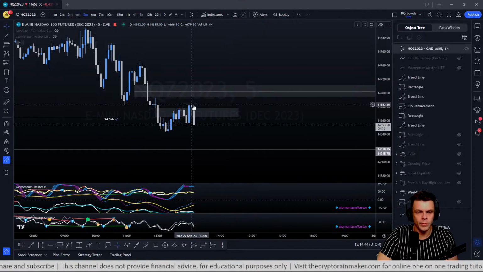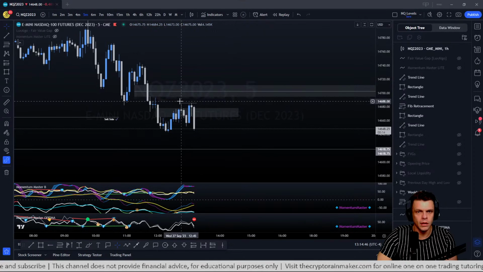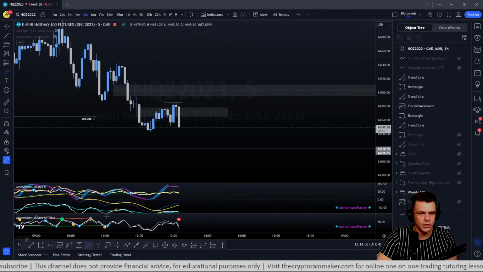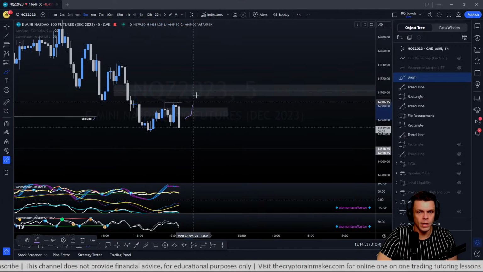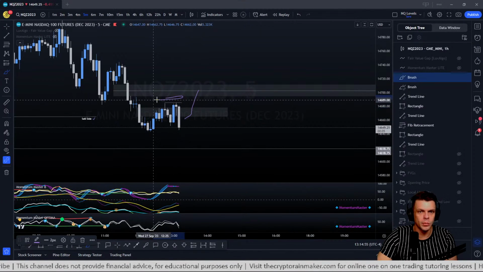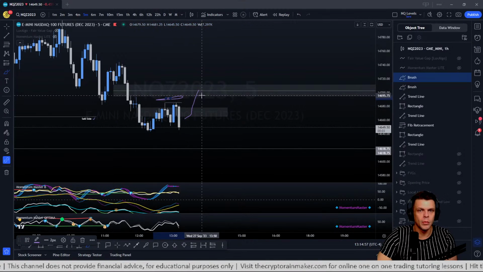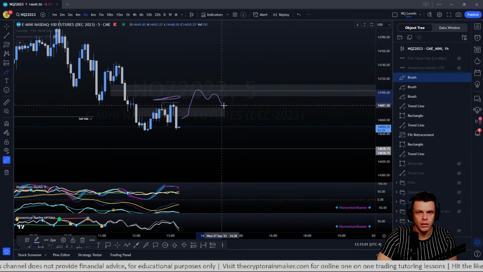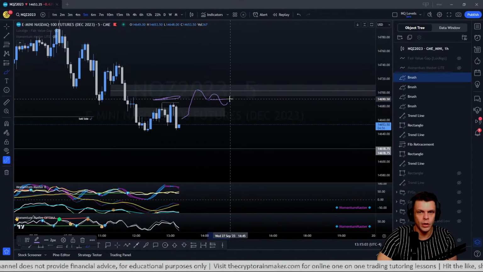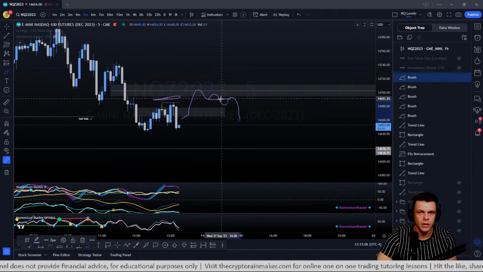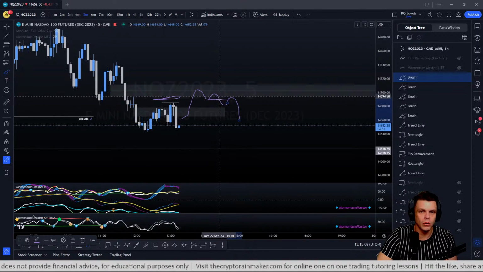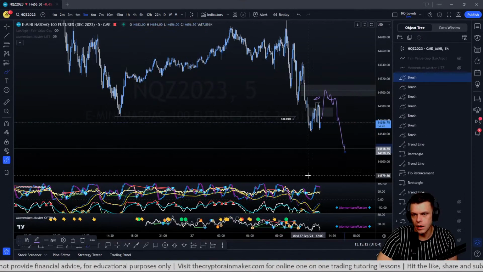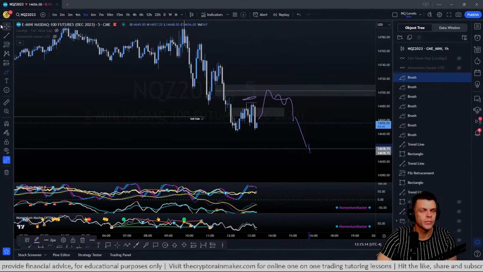So this will hopefully induce traders to put their buy stops above this area, and then we could see price action move up to take the liquidity pool above these highs, reprice this imbalance, and then we can look for a bearish market structure shift on the lower time frames, enter in a bearish order block or a fair value gap, and then run it towards this imbalance on the weekly chart.